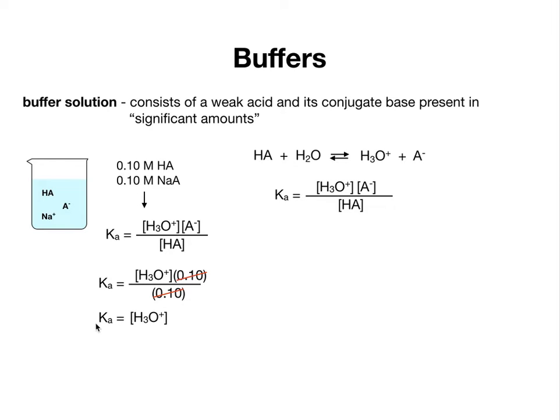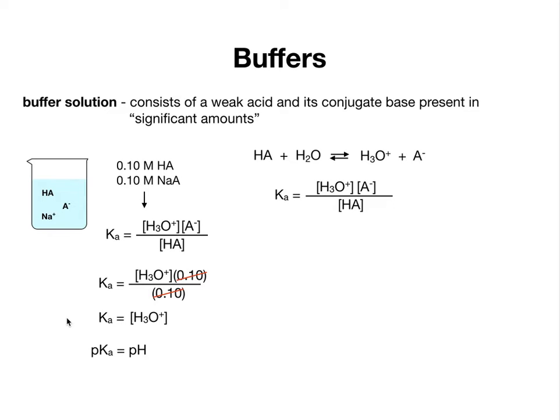And what is the Ka? It is a constant, right? It's the acid ionization constant. So if these are equal to each other, they cancel out, and our hydronium ion concentration is equal to a constant, right? The acid ionization constant.